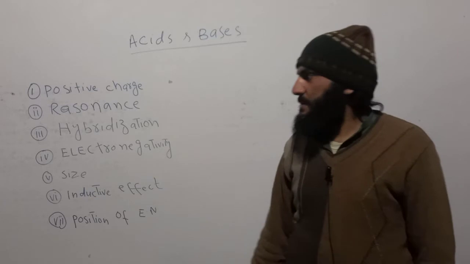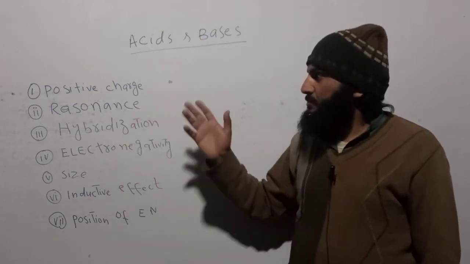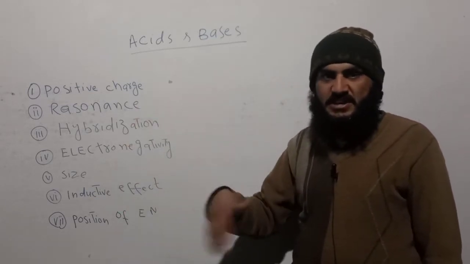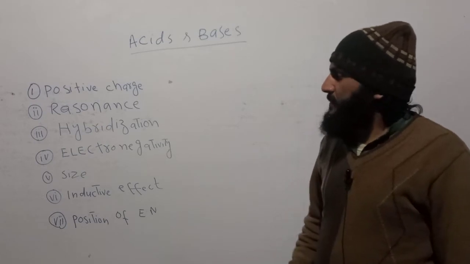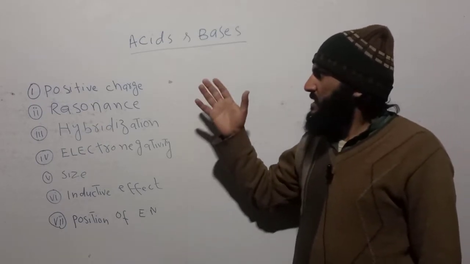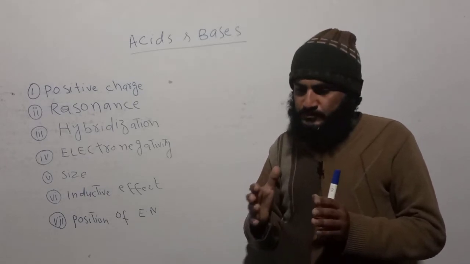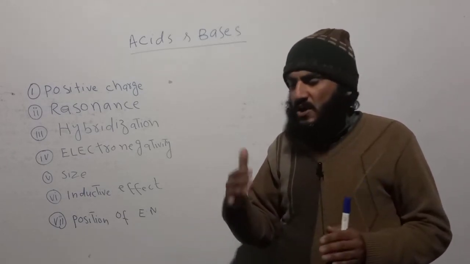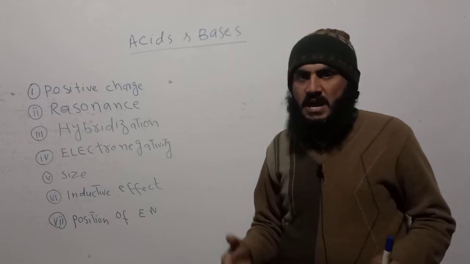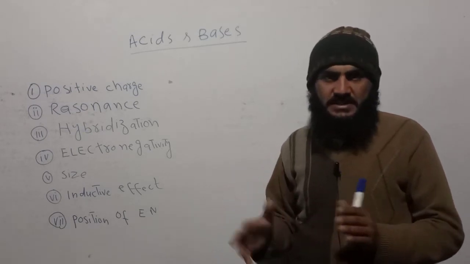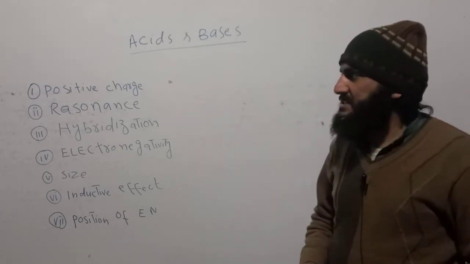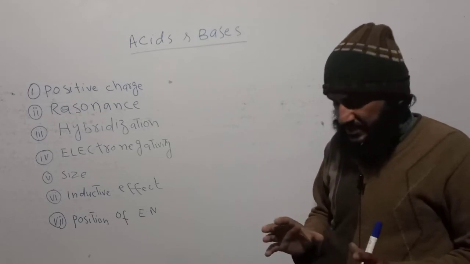So there are some tricks about acids and bases and their strength. Today we will study some tricks involved in distinguishing acids and bases, or the strength of acids and bases. The first one is charge, positive charge.